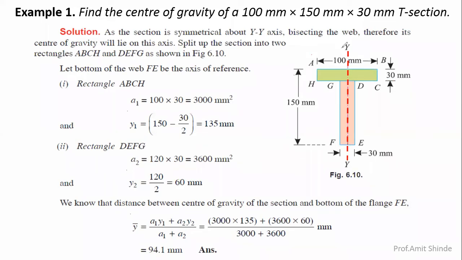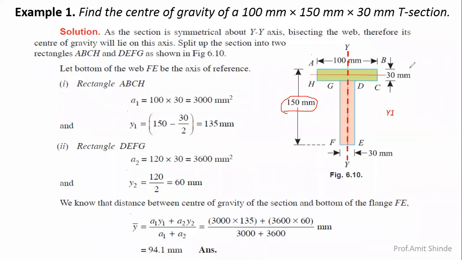Now what we have to find out is the location of the CG of that particular area, either from the top or from the bottom. Let us consider the CG of this rectangle from the bottom. It lies at a distance of y bar, this distance is y1. How do we find this? As we know, the overall depth is 150.